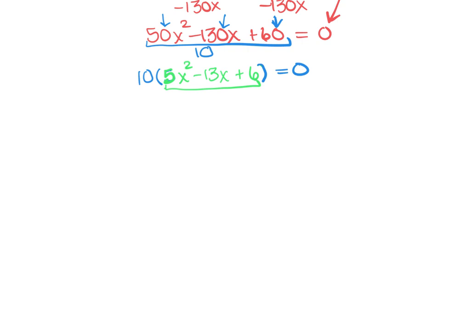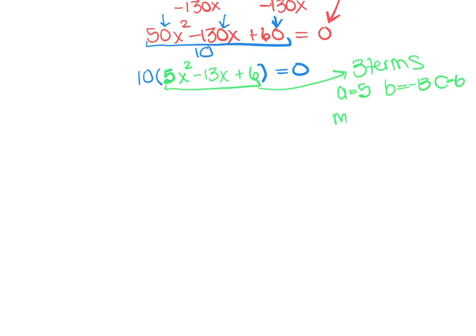So because there are, again, 3 terms, I need to think through what strategy might be the most appropriate. And when I look at 5 and 6, those aren't perfect squares, so I'm not able to use the perfect square trinomial shortcut, but I can use my ABC values. So I have A is equal to 5, B is equal to negative 13, and C is equal to 6.